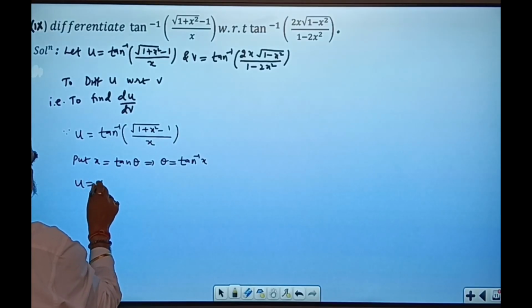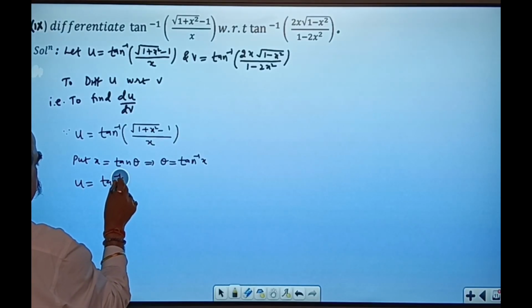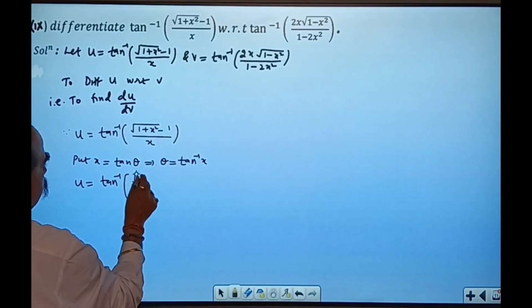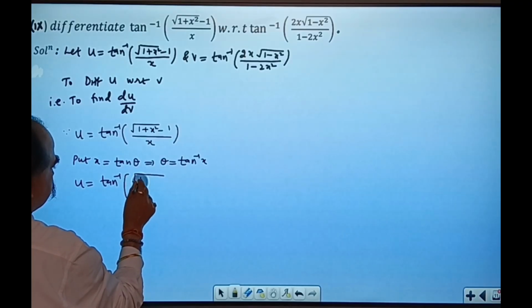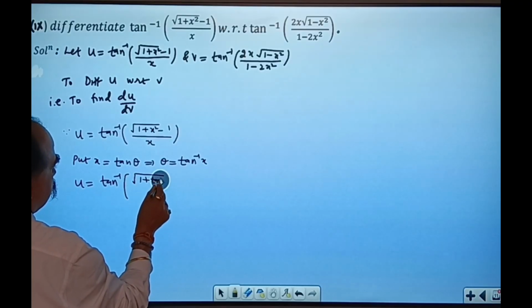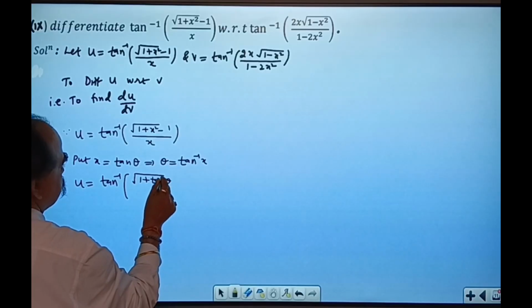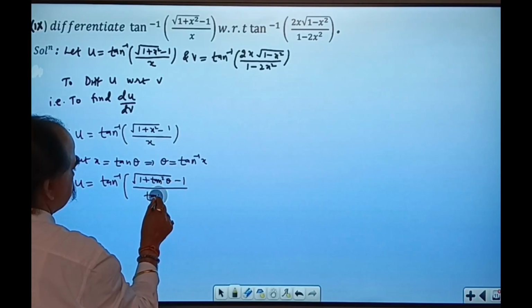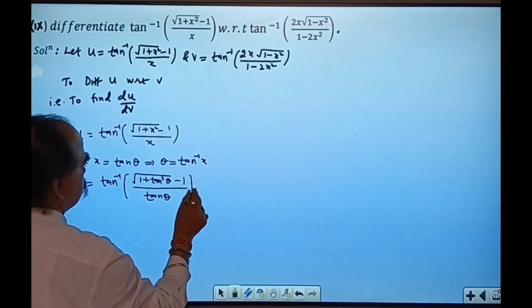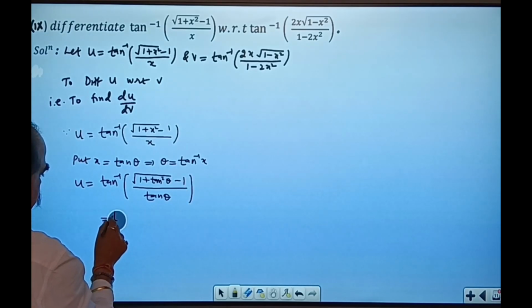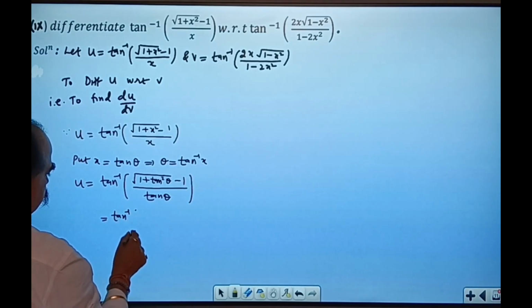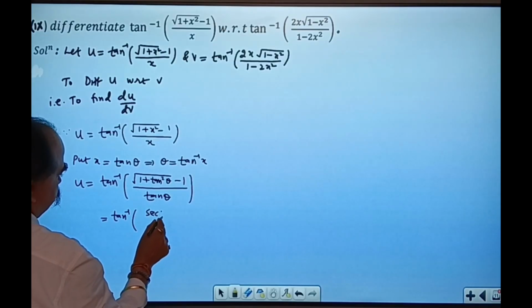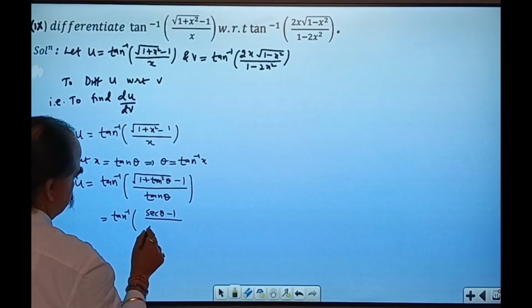So u will become tan inverse root 1 plus tan square theta minus 1 upon tan theta, tan inverse sec theta minus 1 upon tan theta.